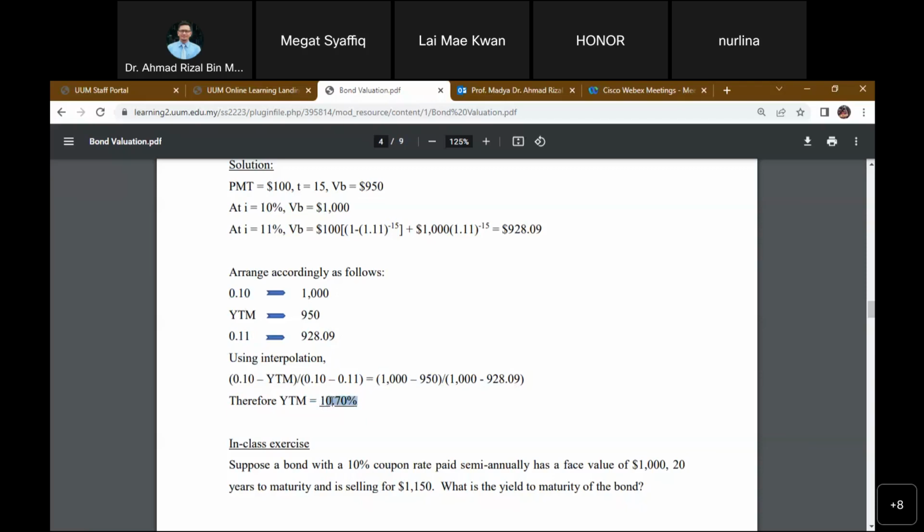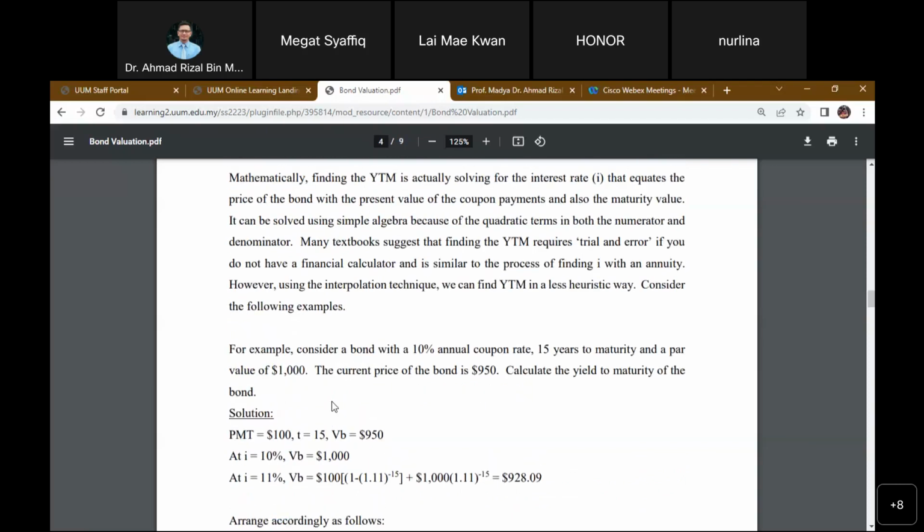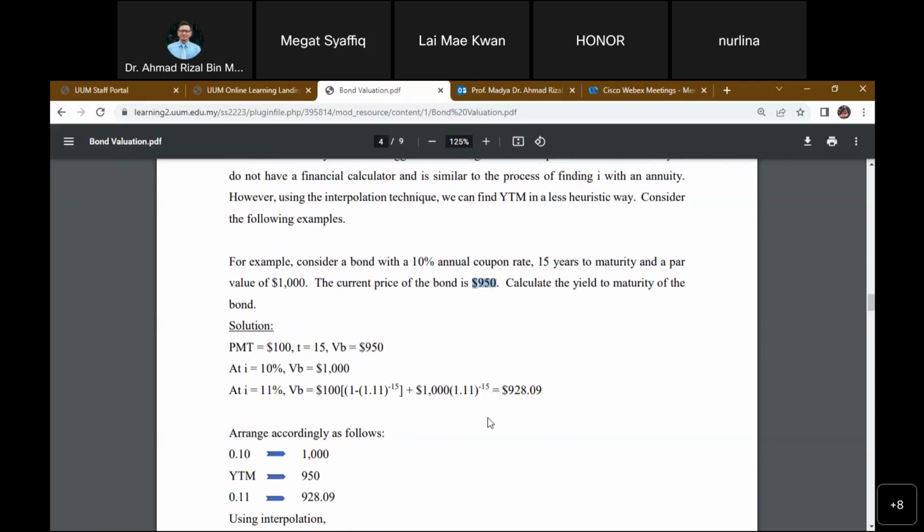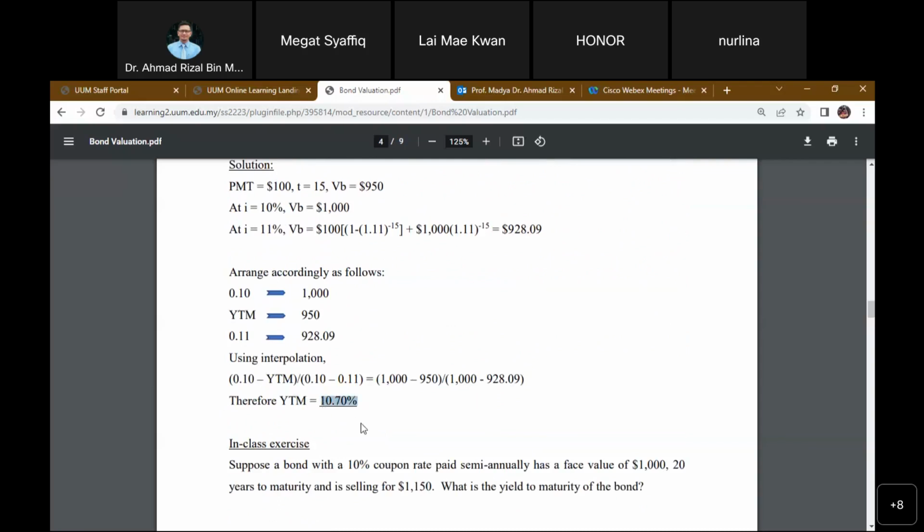In essence, for this particular bond, which pays a 10% annual coupon rate and has 15 years to maturity with a par value of 1,000, if you purchase it at 950 now and hold on to the bond until maturity, the yield to you, which is the yield to maturity, would be 10.7%. Did you get this so far?